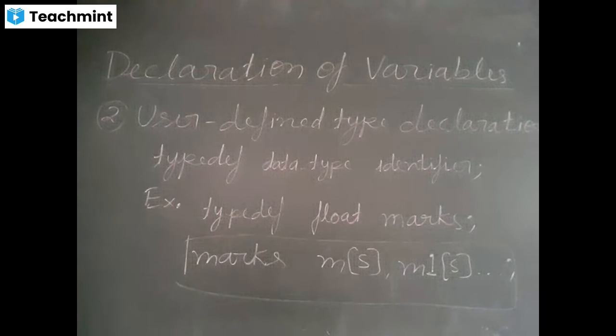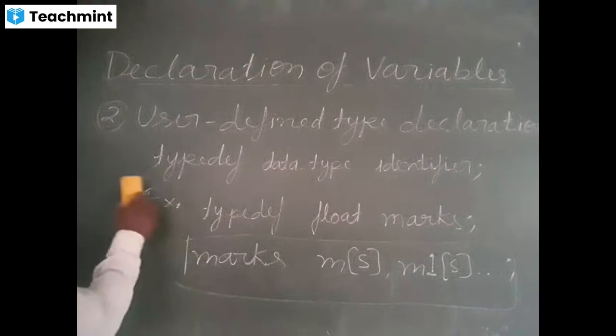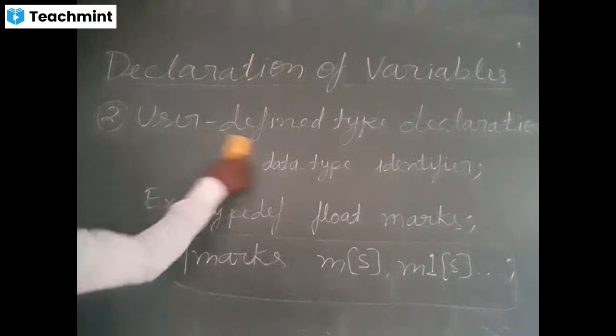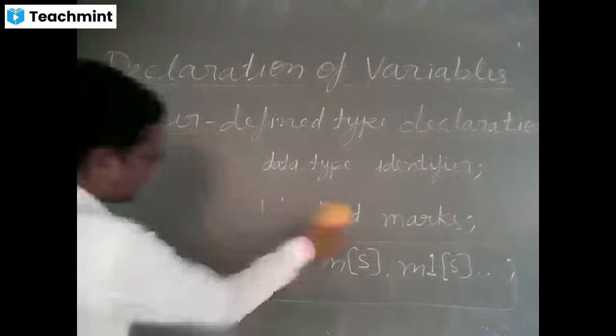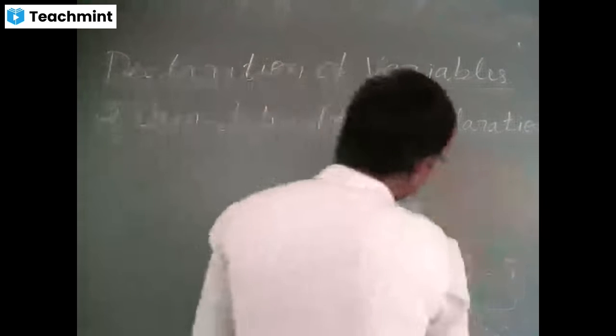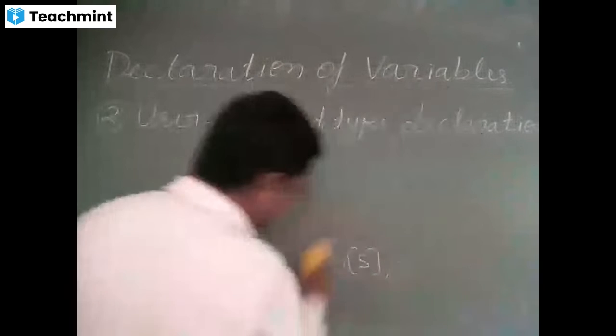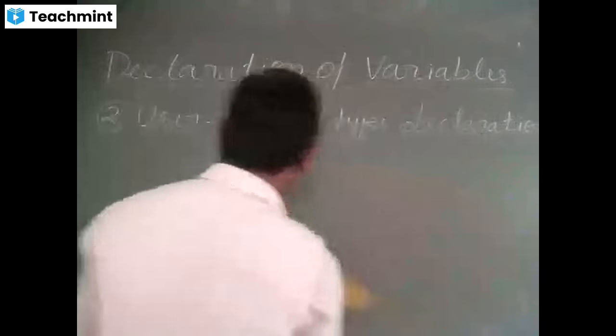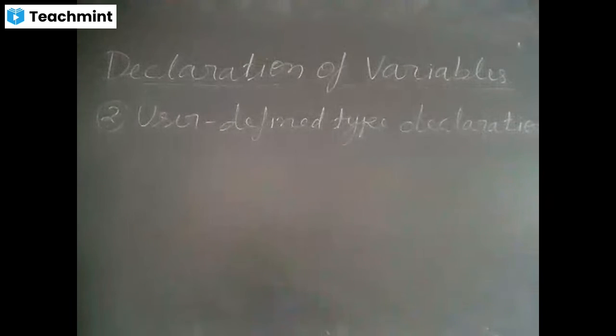Another thing with the user-defined type of declaration: there is a special type here, another type, that is the enum.